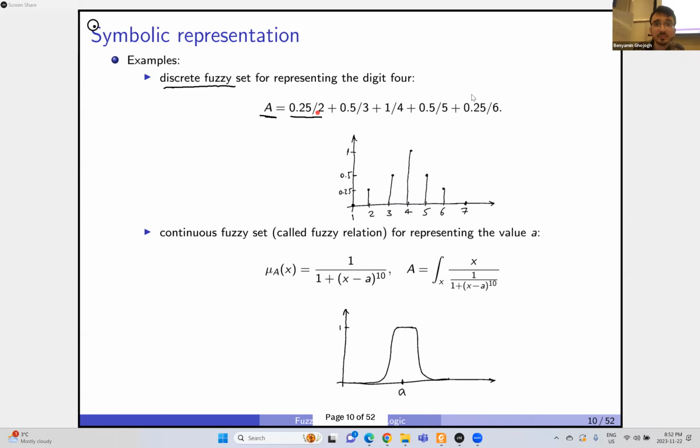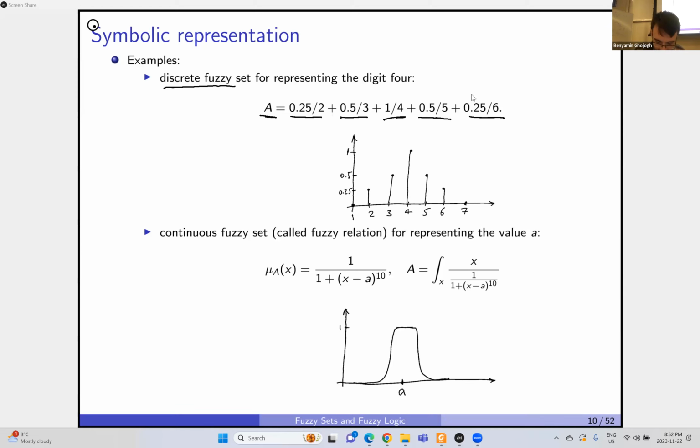This is fraction. Right? For 3, its membership is half. For 4, its membership is 1. It doesn't mean 1/4, which is 0.25. It means that for 4, its membership is 1. For 5, its membership is half, and for 6, its membership is 0.25. 7 doesn't have any membership, it's 0.